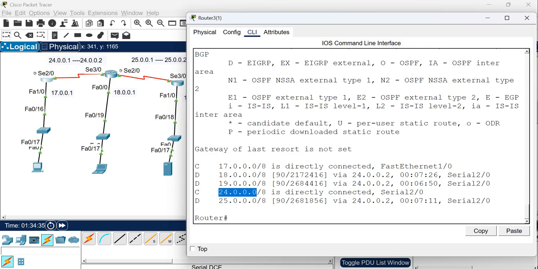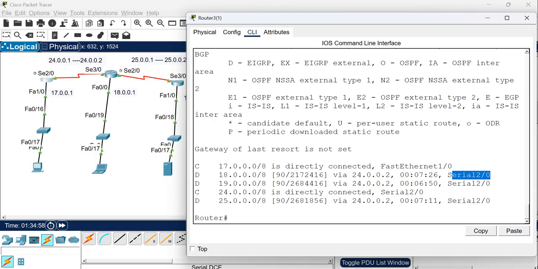You should send the packet to 24002. If you want to reach 18, you should send the packet to 24002. And if you want to reach 24002, you should go via SE2. Clear? You have your next hop and you have your exit interface.